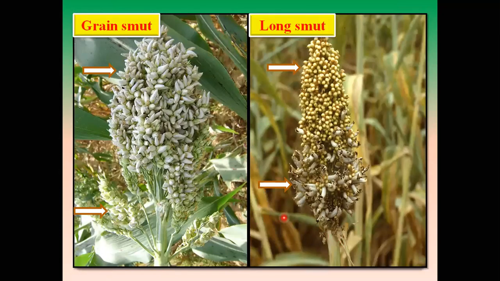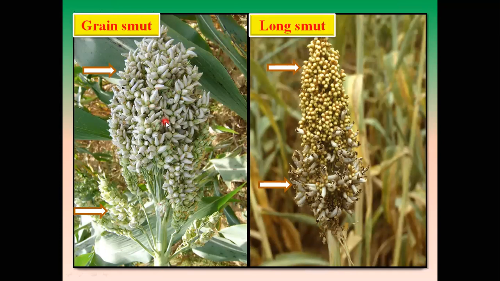Firstly, we discuss the four types of smut seen in sorghum, and today we discuss them in a comparative manner. First, the symptoms.